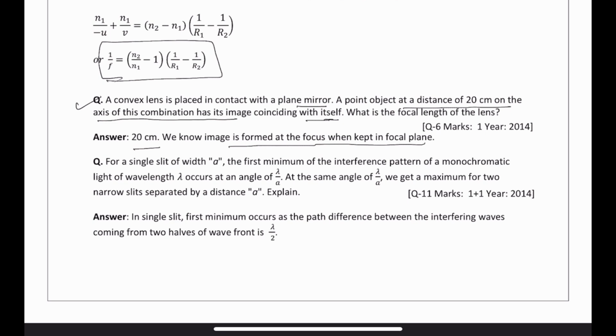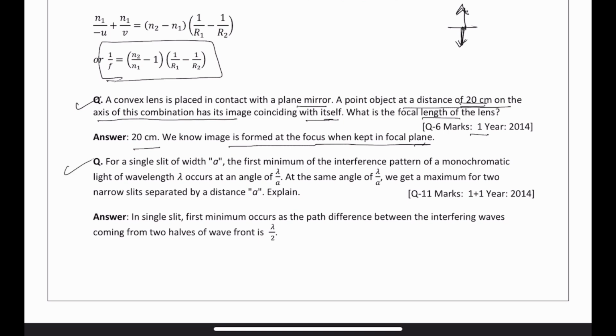It's a very simple question. The object and image coincide only when the object is kept on the focal plane, correct? So the object distance and image distance are at the same place, so it should be the focal length, 20 centimeter.